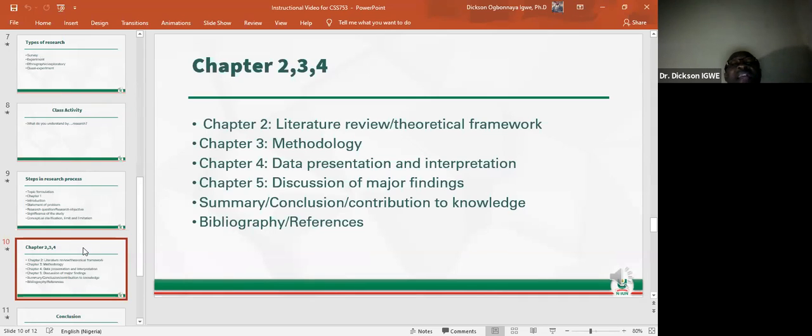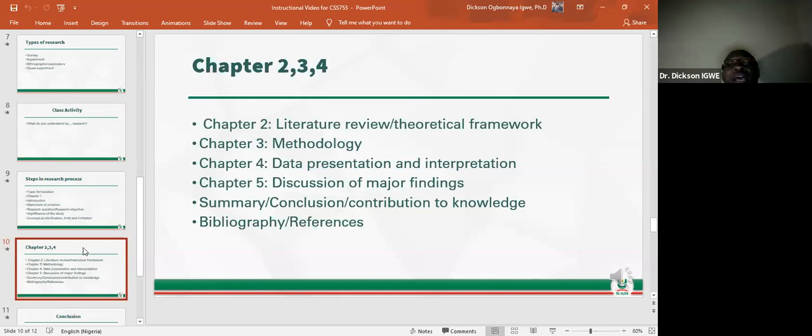Here you present data, primary data, as raw as you have got them, and then interpret them after editing and coding. Then the 5th chapter is the discussion of major findings. Discussion of major findings in this sense is one that is done thematically under each of the research questions and objectives.